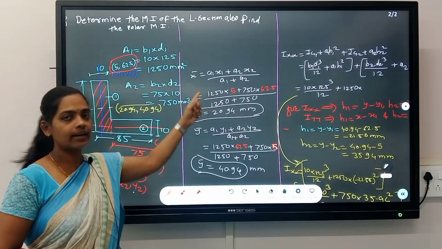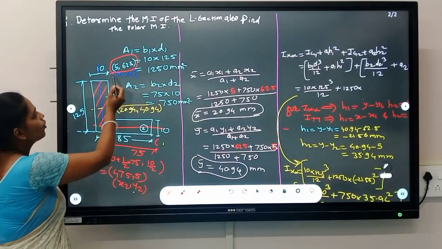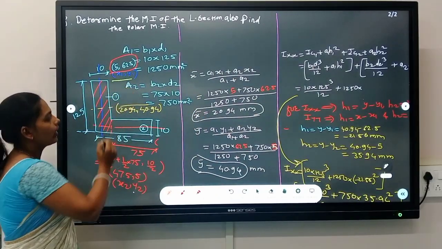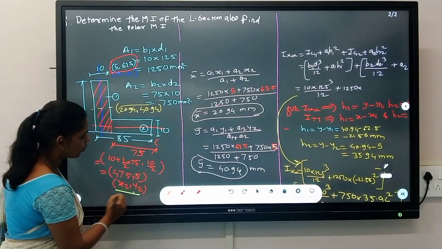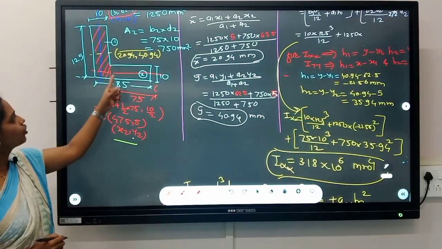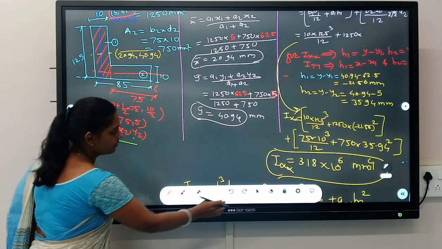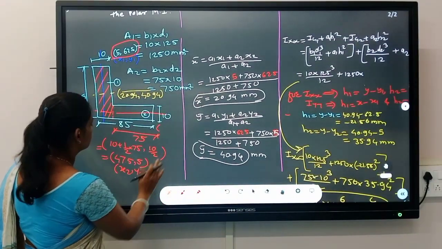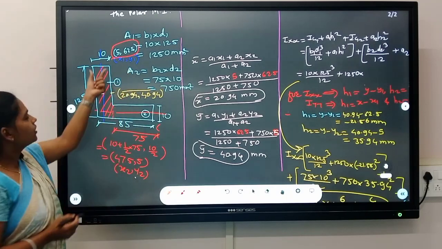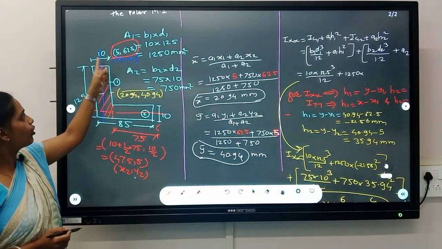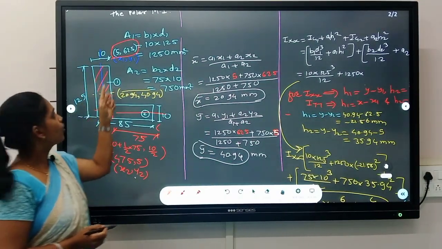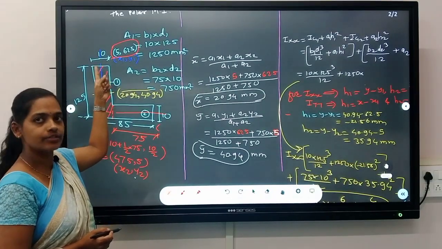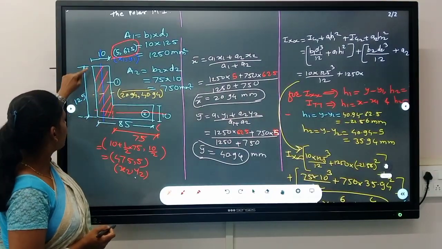Before calculating x bar and y bar, we have to locate concerned x1 and y1 and x2, y2 of these individual figures. So x1 and y1 becomes, the centroid for this rectangle is located half of 10. So it becomes 5 and it is half of 125.